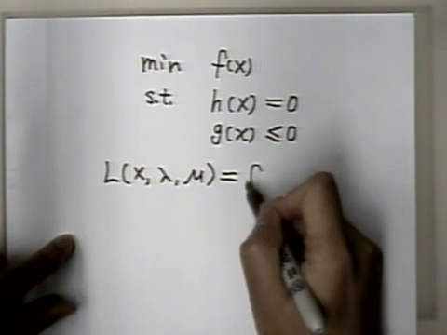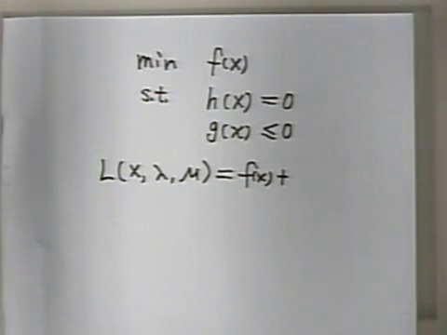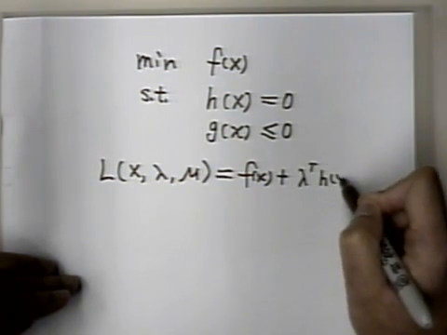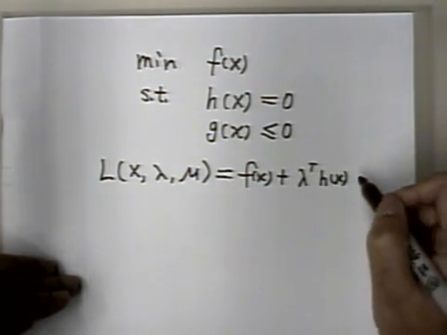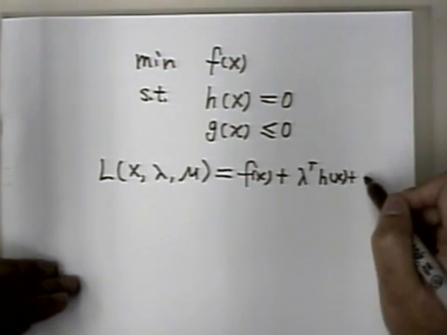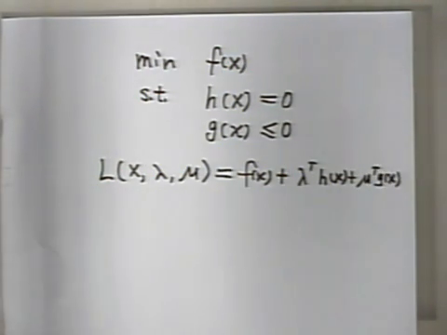That includes f of x, and then, because I have a set of constraints h, which is a vector, I have to use the vector notation for my multiplier. So in this case, it's lambda transpose h of x. That's a set of equality constraints, and then I have a set of inequality constraints, which is mu transpose g of x. Okay, so that's my multiplier.